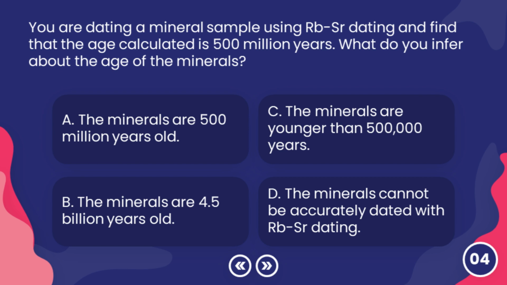Question number 4. You are dating a mineral sample using rubidium-strontium dating and find that the age calculated is 500 million years. What do you infer about the age of the minerals? A. The minerals are 500 million years old. B. The minerals are 4.5 billion years old. C. The minerals are younger than 500,000 years.